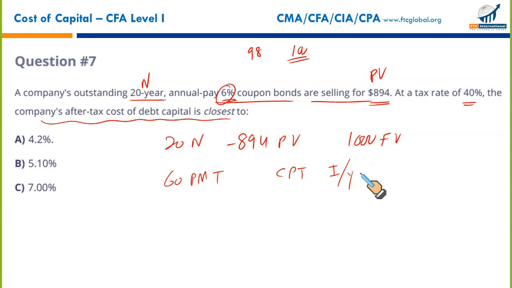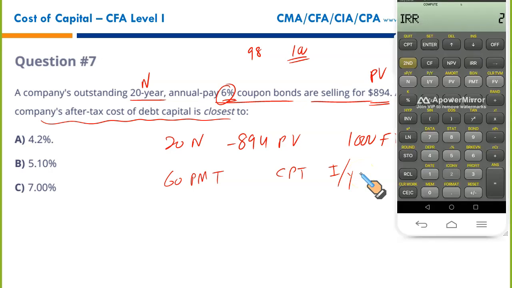Let us do it using the calculator. 20 is N. Negative 894 is the present value, the current market price. 1000 is the face value, the future value of the bond. 60 is the interest payment, PMT, and you just need to compute the interest. 7.0006.